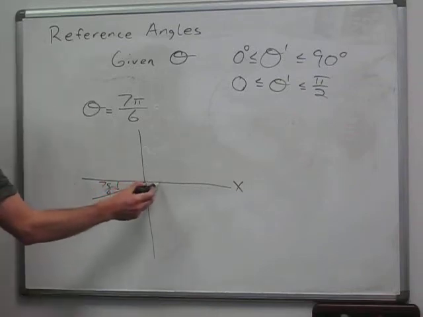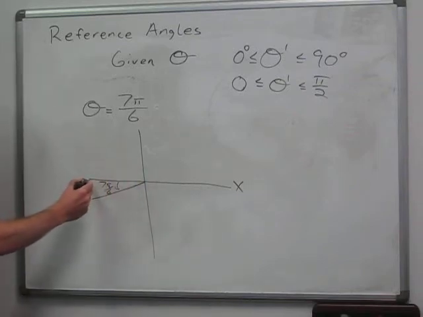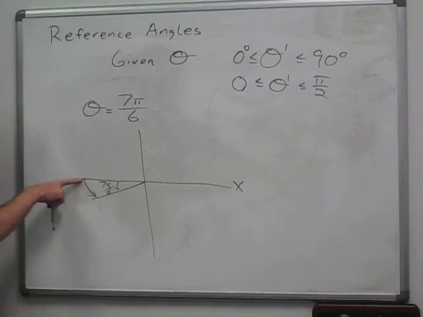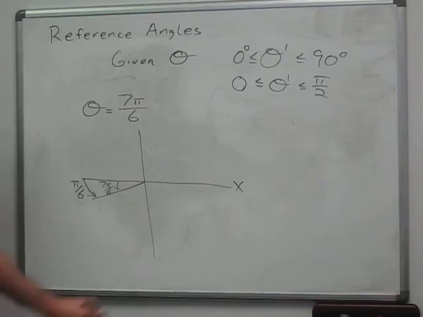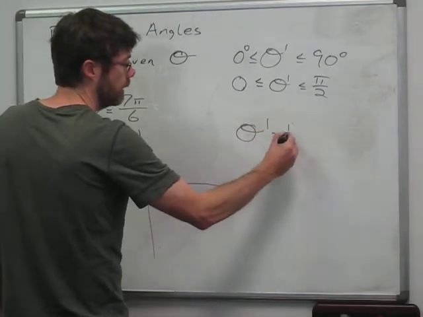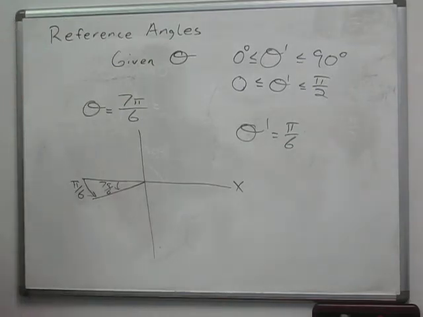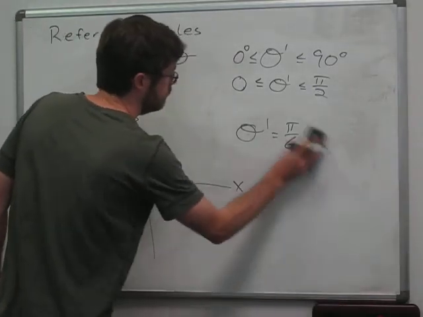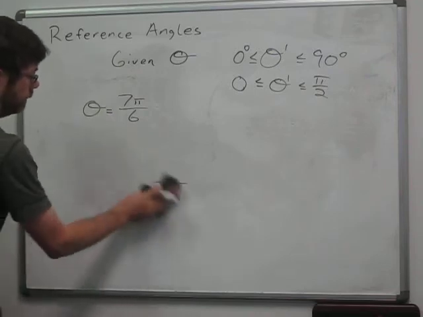Since I used up pi radians to get to the x-axis, the acute angle between the x-axis and our terminating side must be pi over 6. So the reference angle here is pi over 6. A couple more.